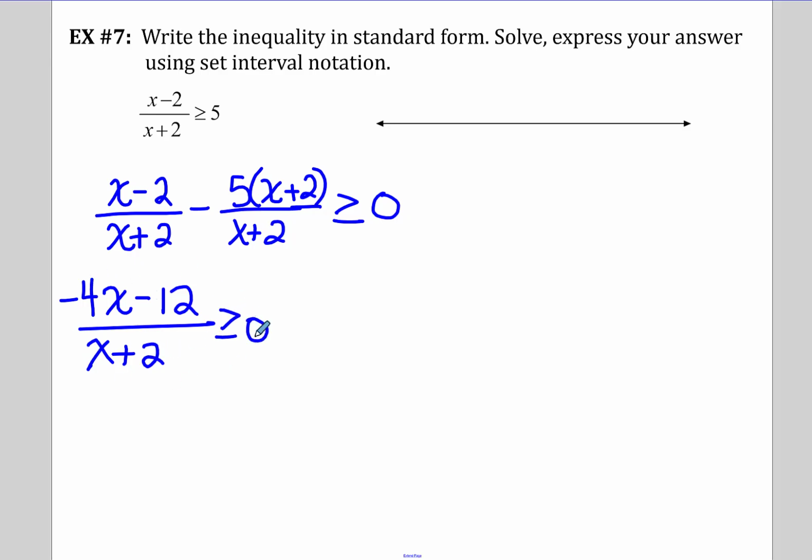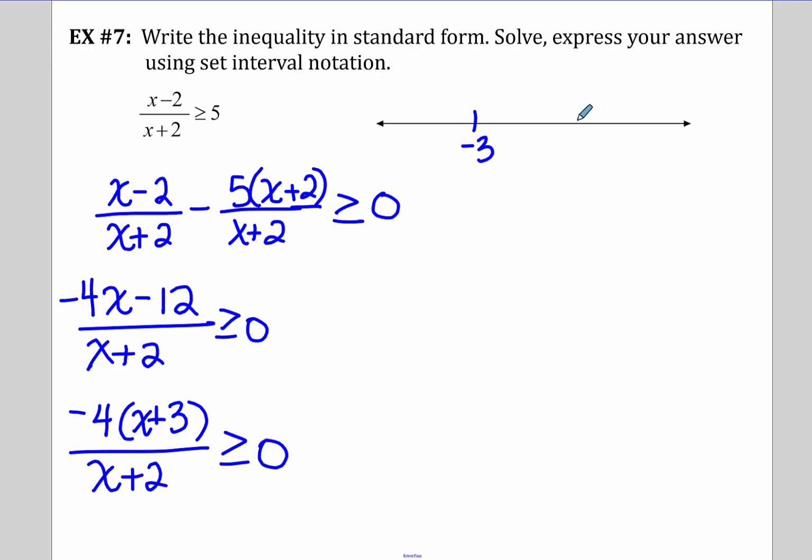So we're taking our critical numbers from this expression, and if you factored out the negative 4, then our two critical numbers are going to be negative 3 from the numerator and negative 2 from the denominator. This one's a vertical asymptote. This one is a 0.